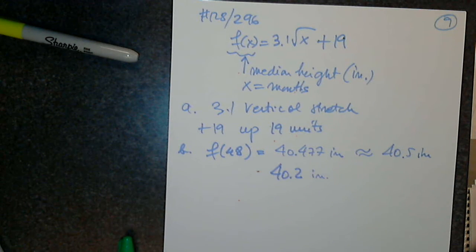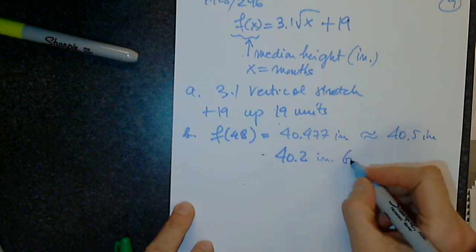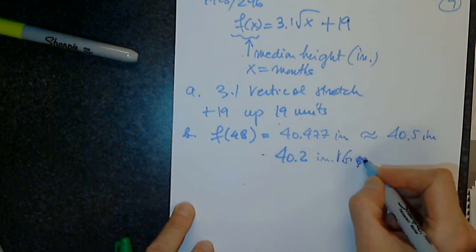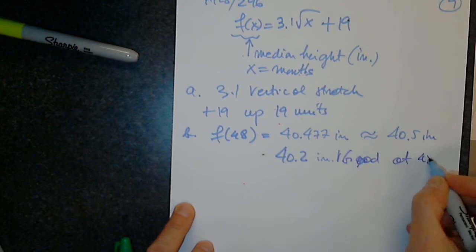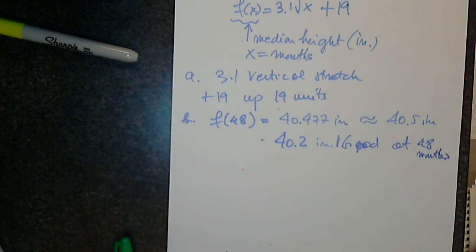Very well, right? 40.5 versus 40.2 is a very good approximation. At 48 months, the model appears to be a good representation of the median heights. At other heights, I have no idea. I can't conclude, I haven't looked at others.